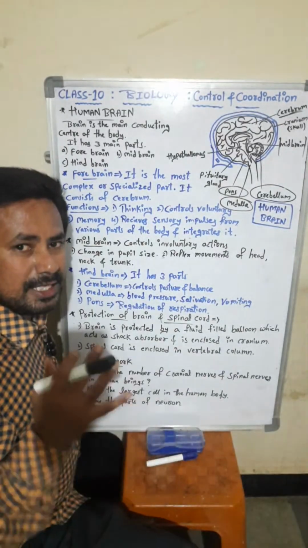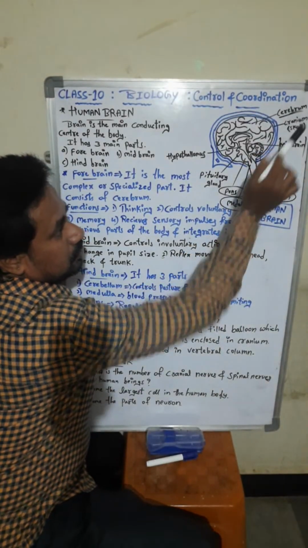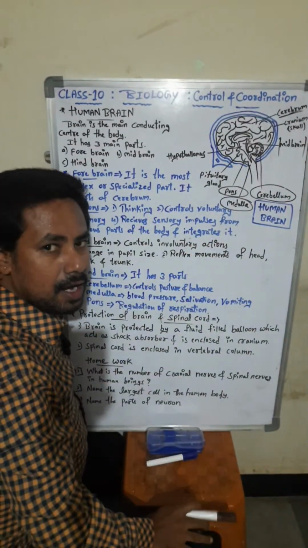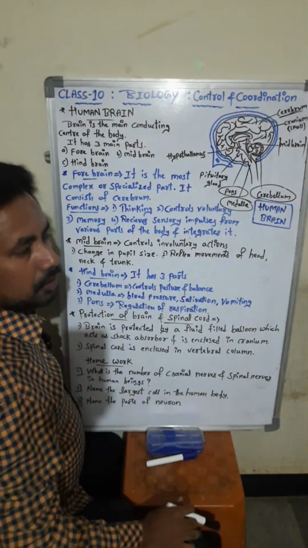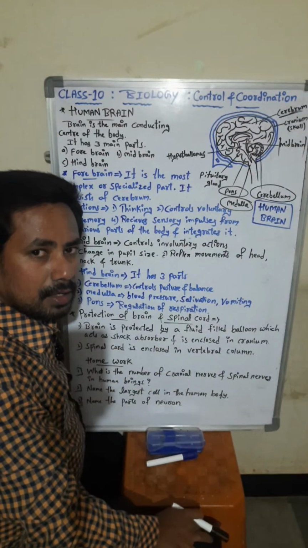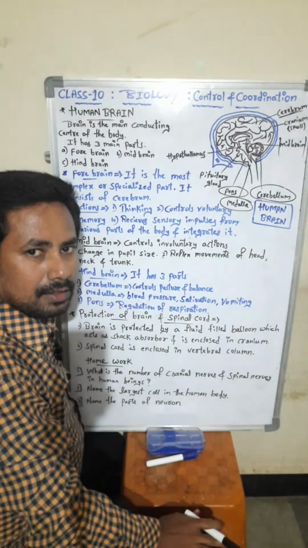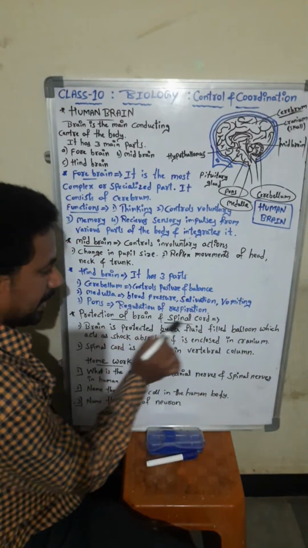So, who is protecting our brain? I have written already here: cranium or skull, a very hard bony structure which is outside the brain, that is protecting our brain from any outside damage.